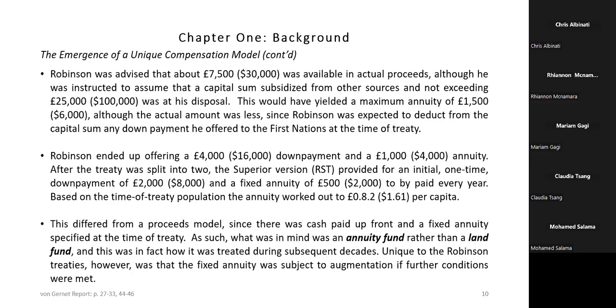Of course, if you look at Robinson's instructions, it was already postulated that it would be an annuity fund based on a capitalization and a fixed annuity that would be paid from such a capitalization.